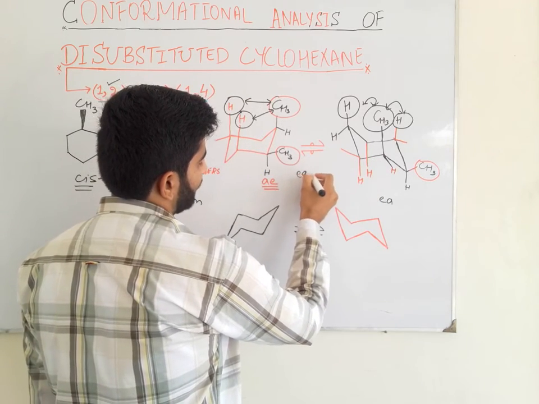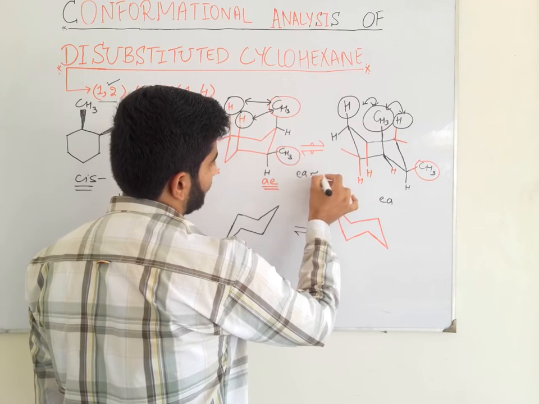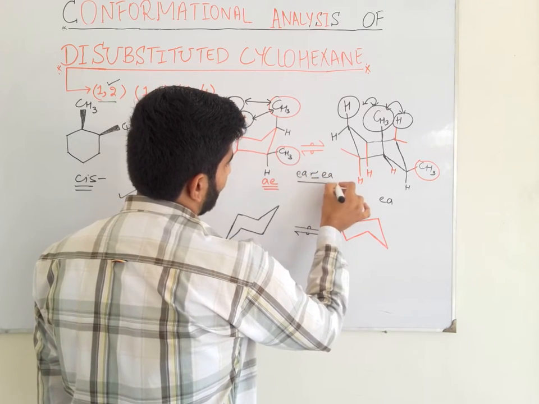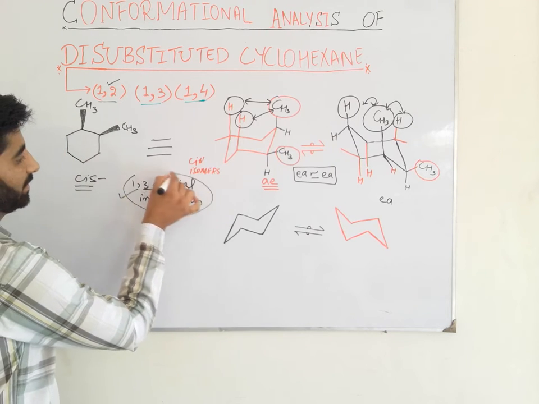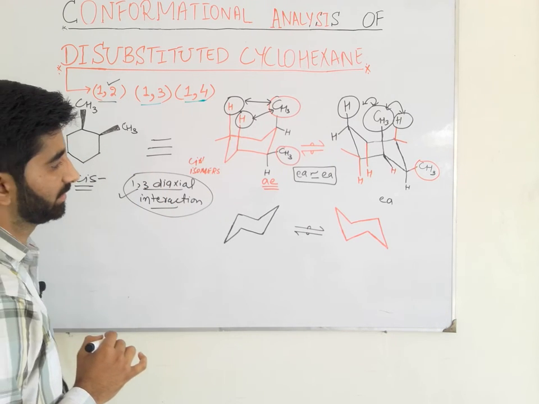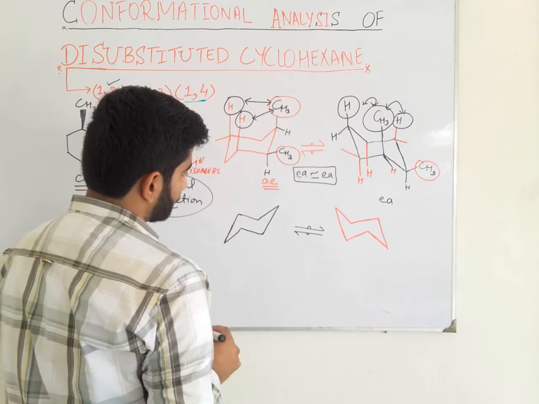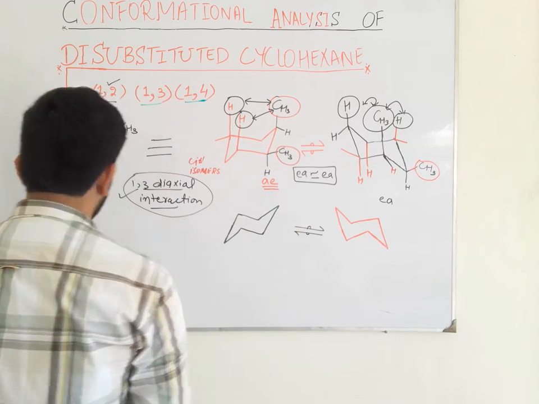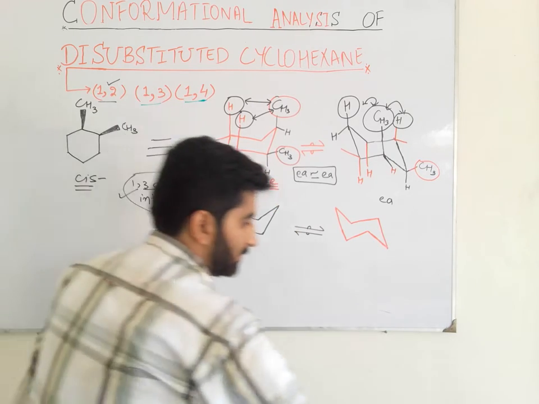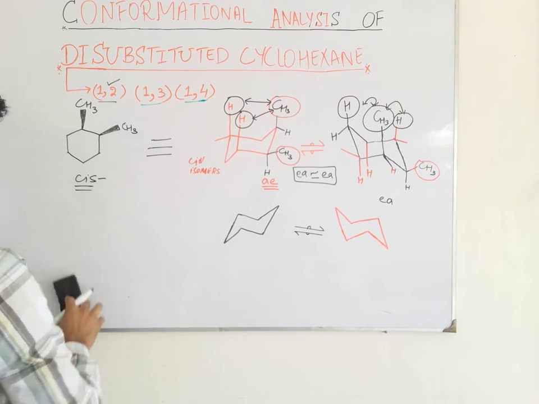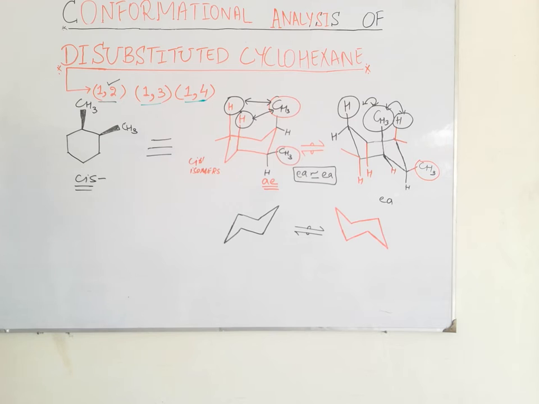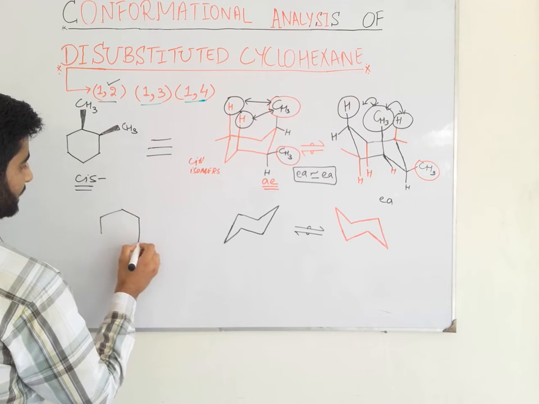We say that the stability of AE is approximately equal to the stability of EA because there is only one 1,3-diaxial interaction present in both conformations. Now we draw the trans isomer of 1,2-dimethylcyclohexane.